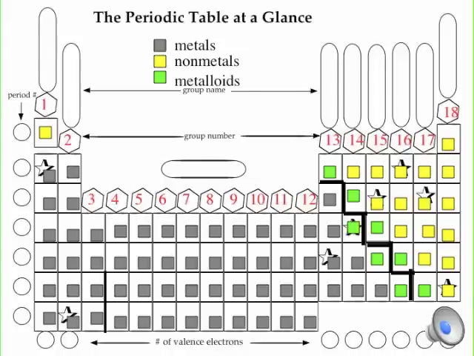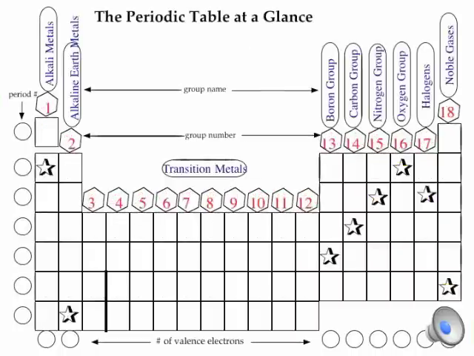Those are: alkali metals, alkaline earth metals, transition metals, boron group, carbon group, nitrogen group, oxygen group, halogens, and noble gases.